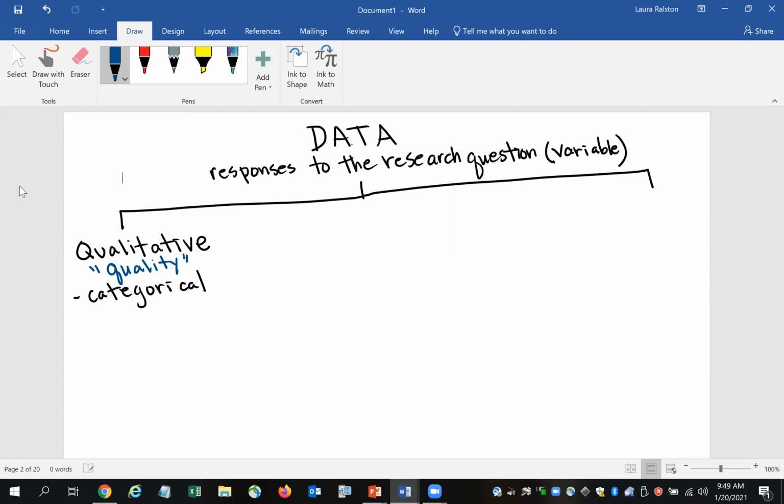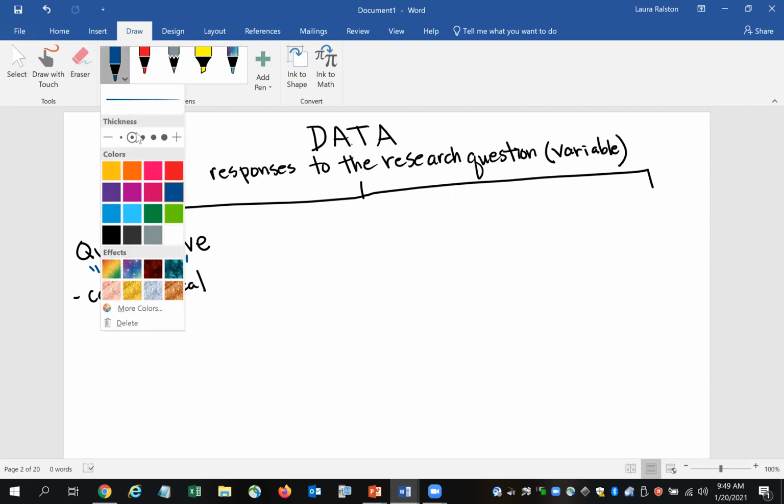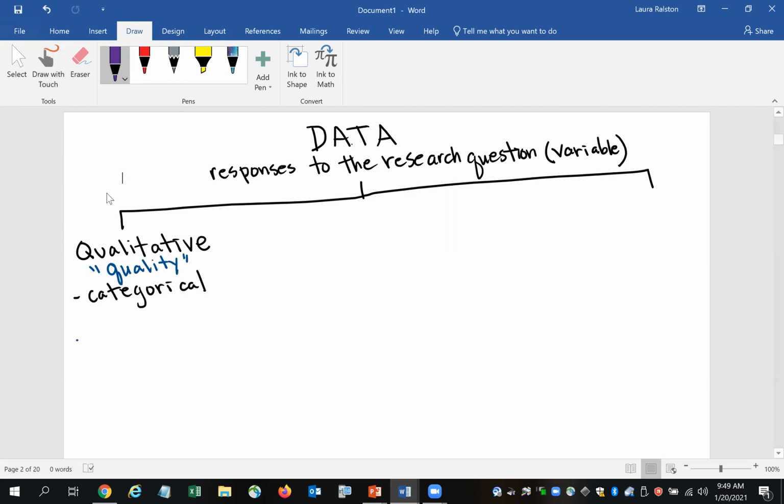So qualitative data, or what's sometimes referred to as categorical data, is data that is primarily words or phrases.